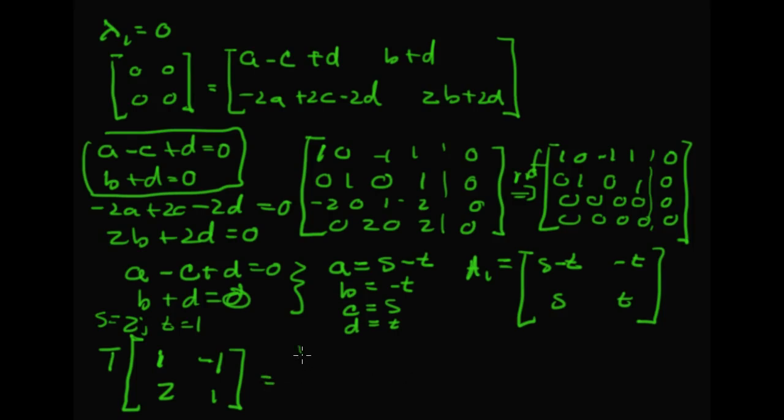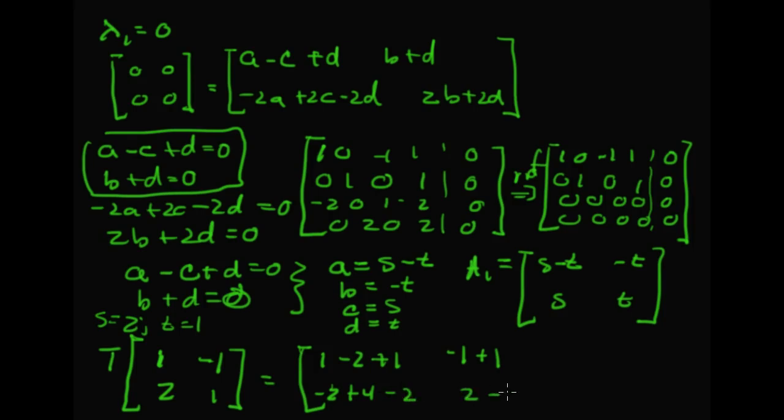So if I perform that, I should get 1 minus 2 plus 1, right? And then I should have negative 1 plus 1. And then I should have negative 2, right? Because that's negative 2a. So negative 2 plus 4 minus 2.